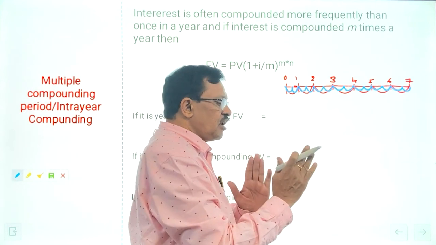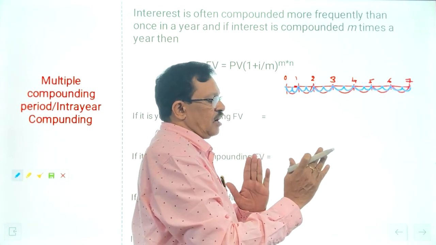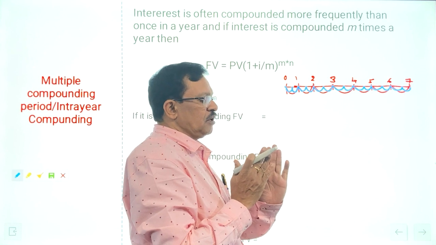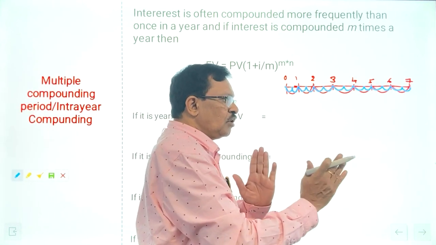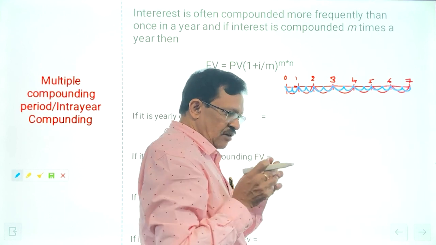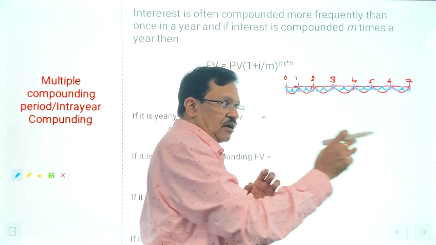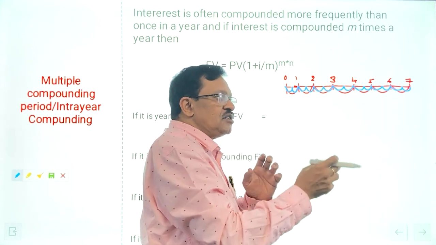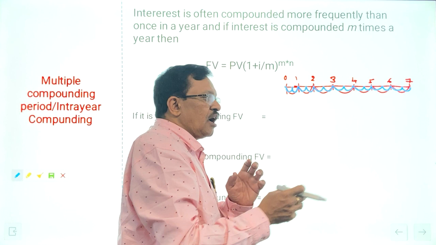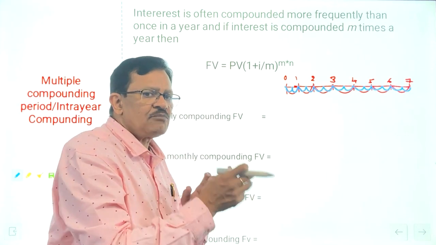And for each period, we are going to calculate the interest and add to the principal. Again, calculate the interest again. Like this, you are going to compound that particular principal which has been given, and you are going to calculate interest on interest, interest on interest, and you are going to compound it 12 times in a year.